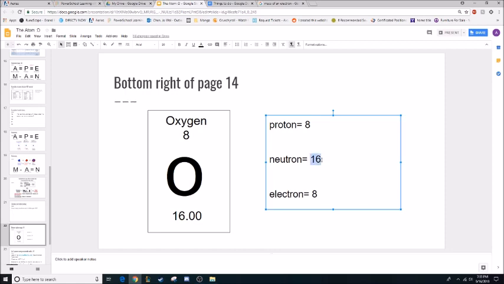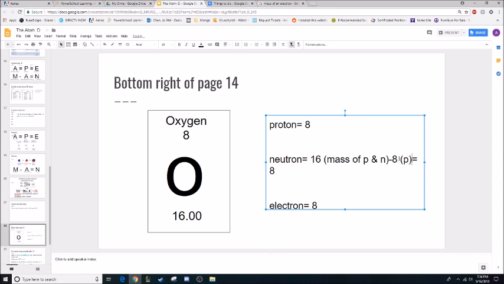Our mass contains the mass of protons and neutrons. But I don't want protons' weight in here. So what I'm going to do is subtract protons, so minus 8, and that will get me 8, which is 8 neutrons. So I'm trying to get rid of the mass of protons.